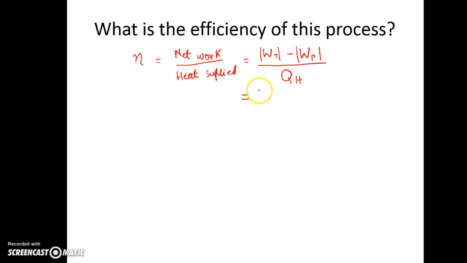Work turbine was 1200 kilojoules per kilogram, work pump was 100, and our heat supplied was 3000. That's 1100 over 3000, equal to 36.7%. So that's the efficiency of the cycle.